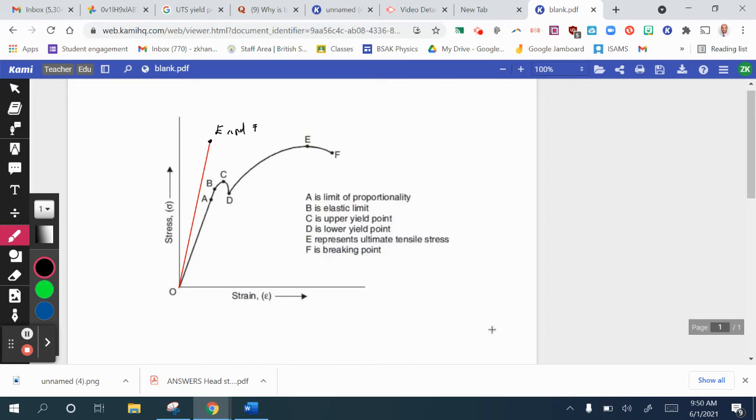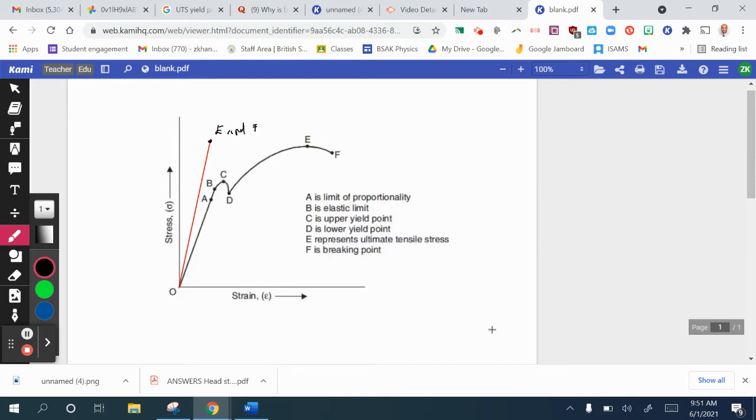Okay, now yield point. What is the yield point? Here on this we've got a couple of yield points. What does that mean? Well, the definition is there's a large extension, or a large strain, for a small stress.